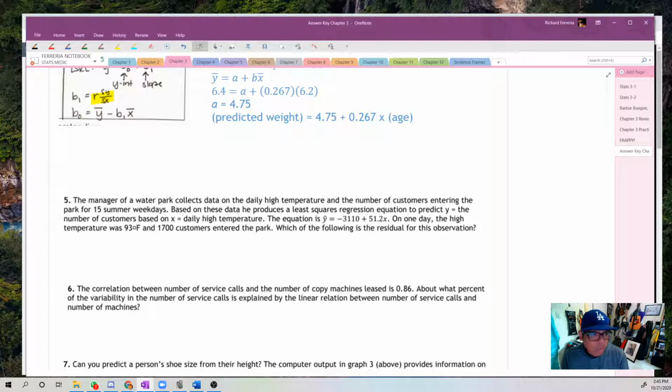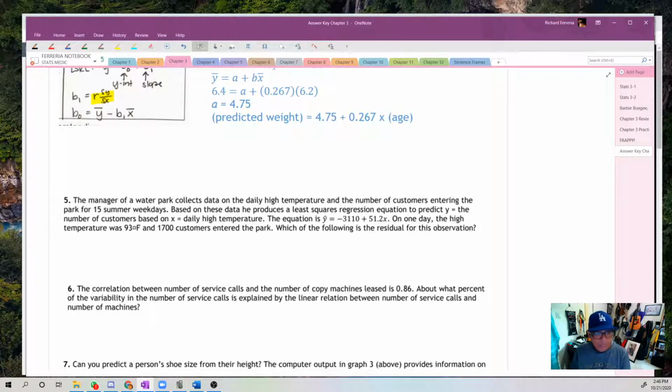The manager of a water park collects data on the daily high temperature and the number of customers entering the water park, for 15 summer weekdays. Based on the data, he produces a least squares regression equation to predict y, the number of customers, based on x, the daily high temperature.